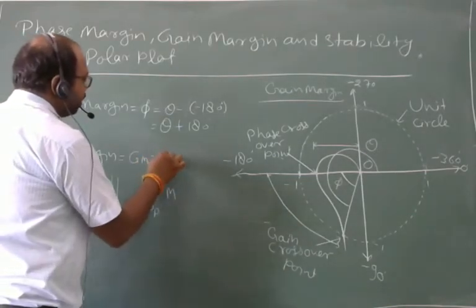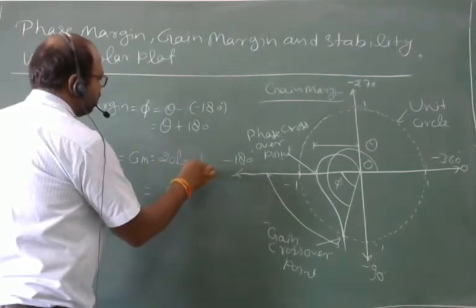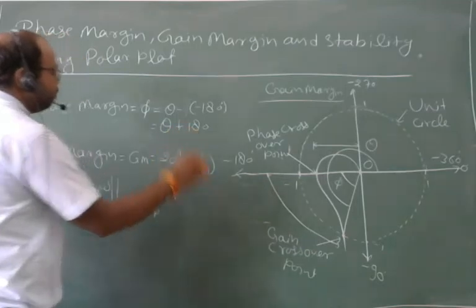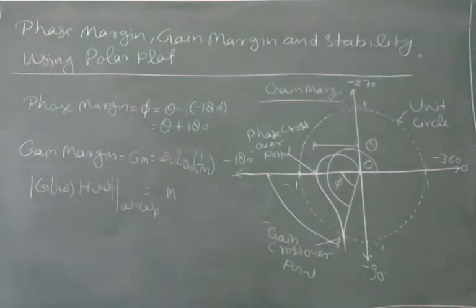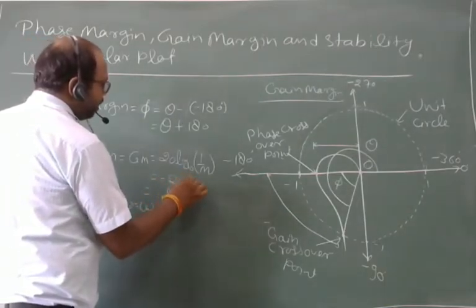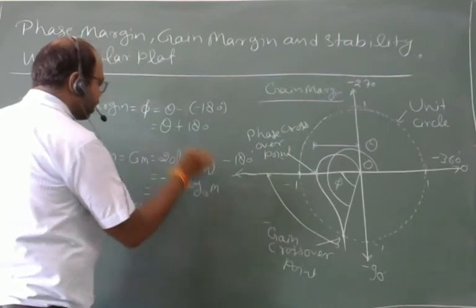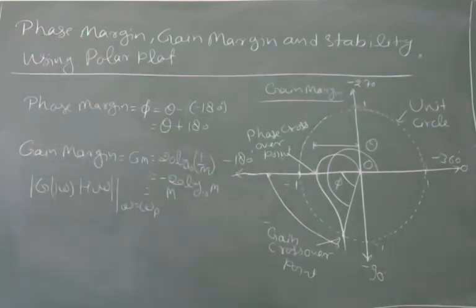Gm will be 20 log base 10 1 over m, or minus 20 log base 10 m, right? This is our gain margin.